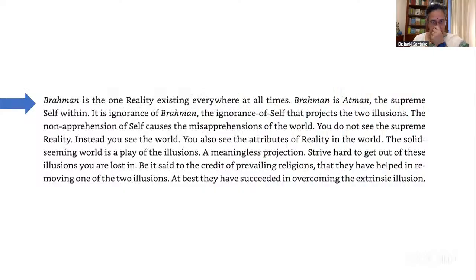Okay, so who will read? I can read. Brahman is the one reality existing everywhere. Sorry, did we read from the pluralistic part, is this correct?